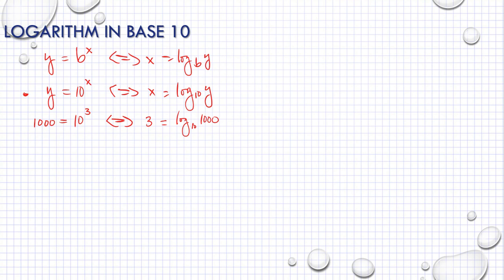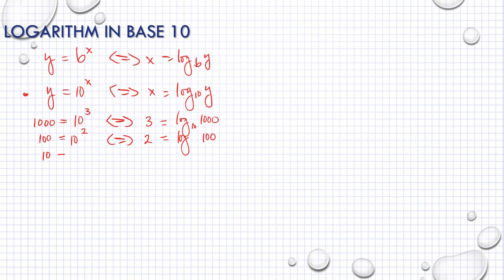Another example: we have 100, that is 10 raised to 2, if and only if 2 is equal to the logarithm of 100. I will stop using the base 10 there. As I've said, if I or your teacher doesn't write a base, that means it is base 10.